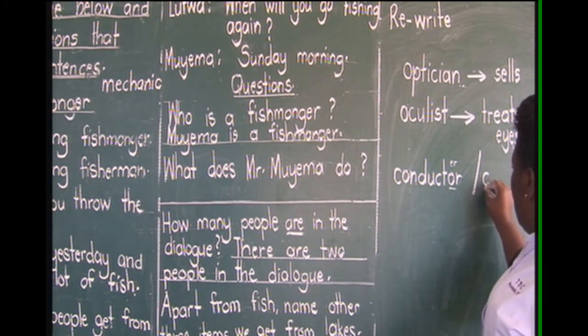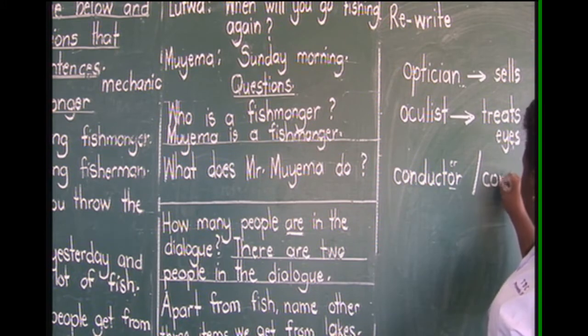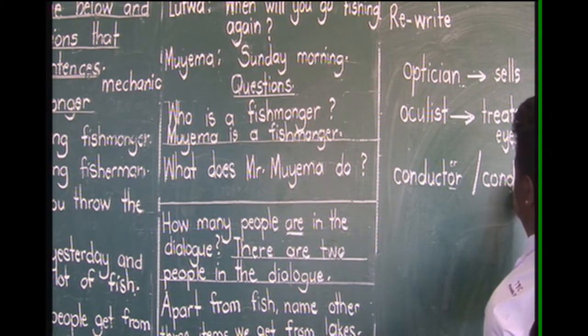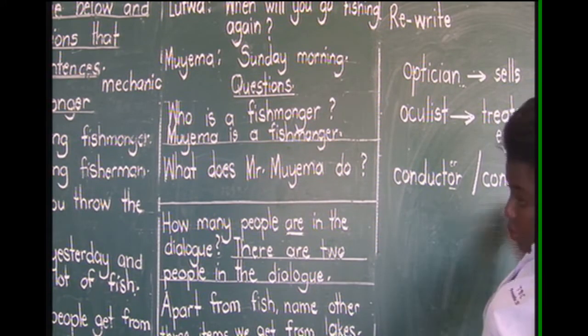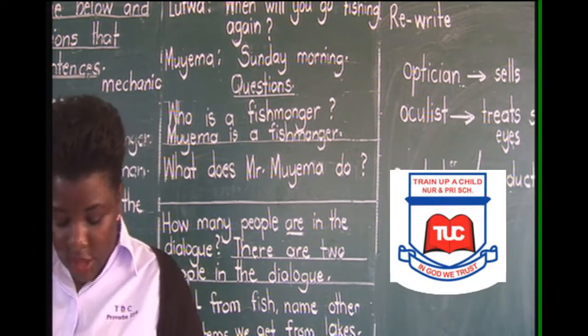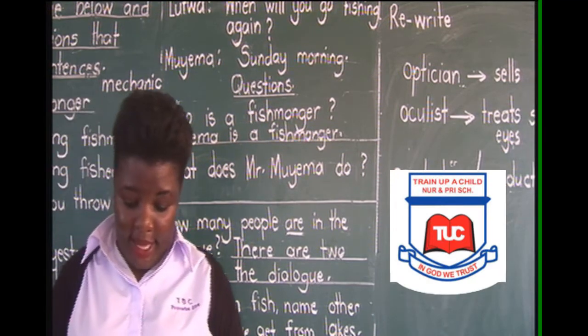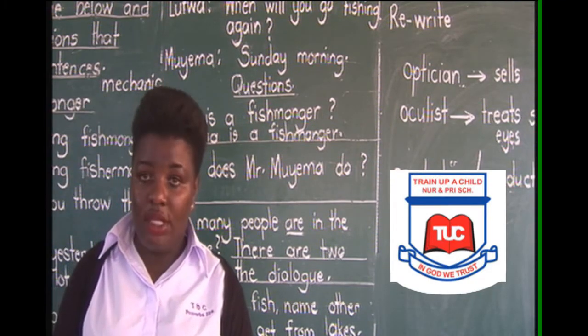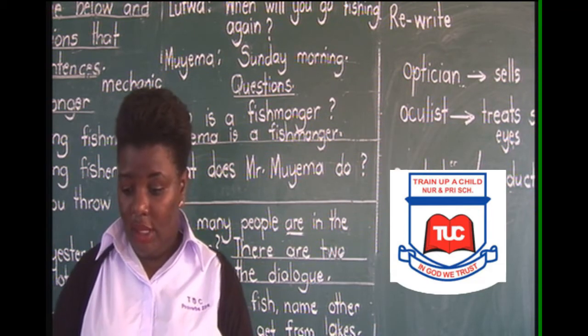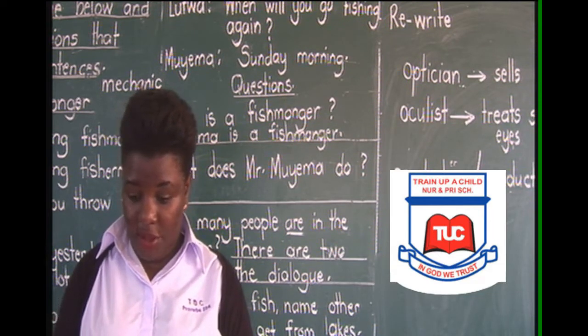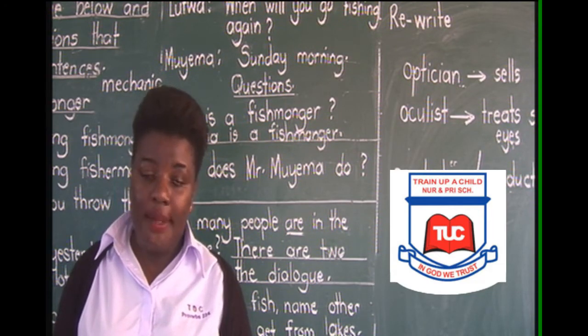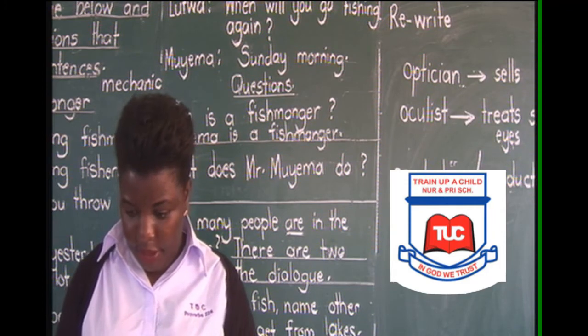That is a conductress. The next one, she met a man who writes books and novels. That is an author. I believe I talked about that.